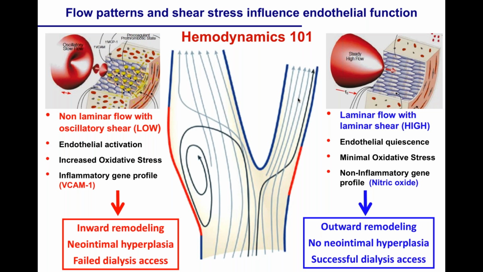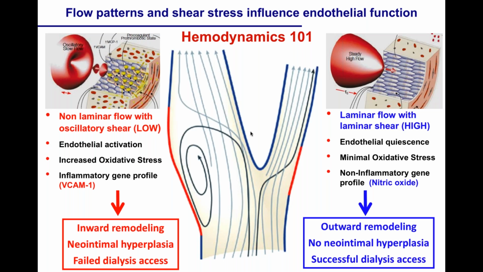It results in endothelial quiescence, in minimal oxidative stress, in a non-inflammatory gene profile, and in the context of an arteriovenous fistula, I would argue that this sort of flow and shear profile results in minimal neointimal hyperplasia, a lot of outward remodeling, and at the end of the day, a successful dialysis access.